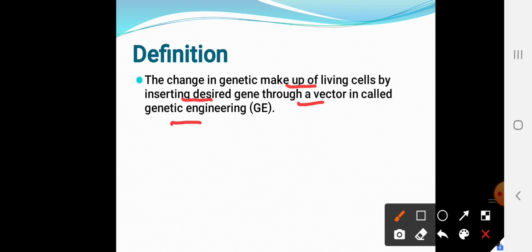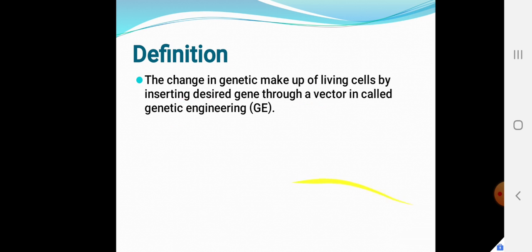The whole DNA is known as the genetic makeup. The design or contents of the DNA will be changed by inserting the desired gene through a vector into the host organism. This process is known as genetic engineering.